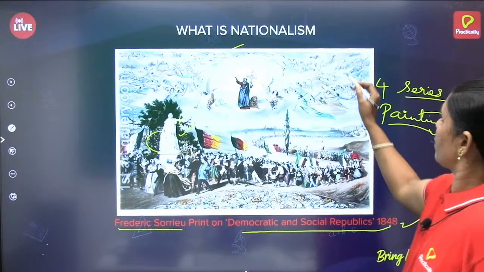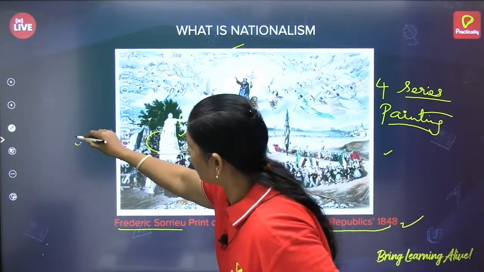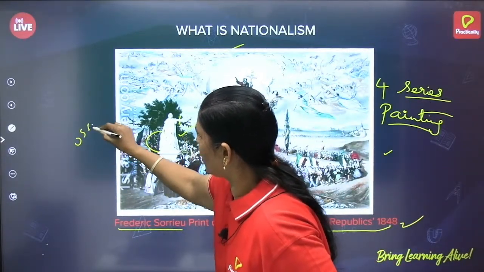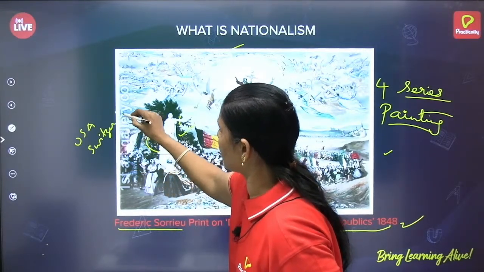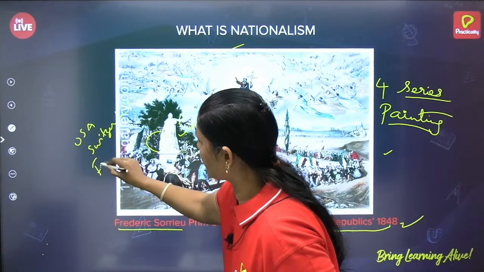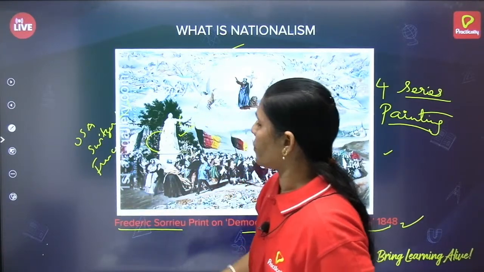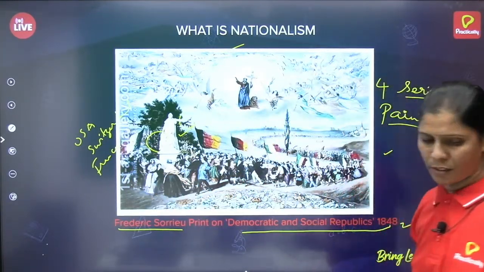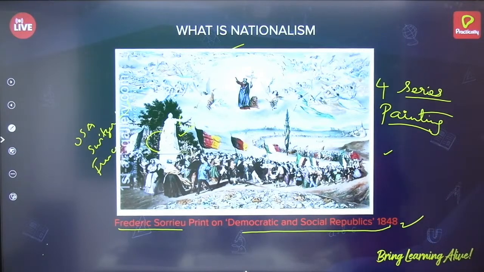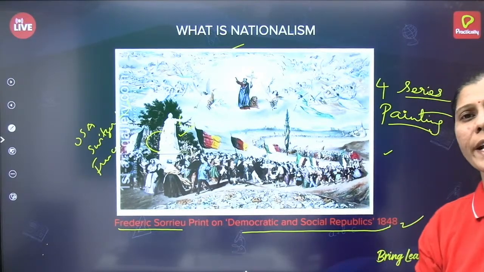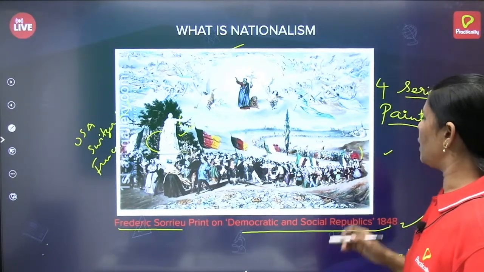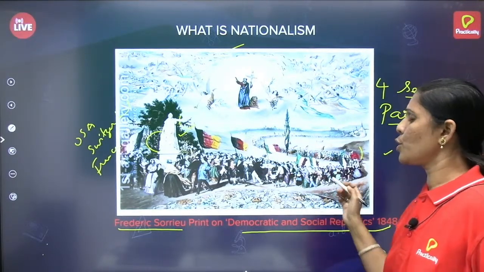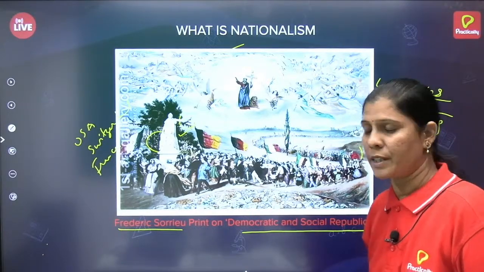The United States has already passed, Switzerland follows, then France, and the next in sequence are different countries. You can find here a procession of people holding their flags and moving towards the Statue of Liberty.